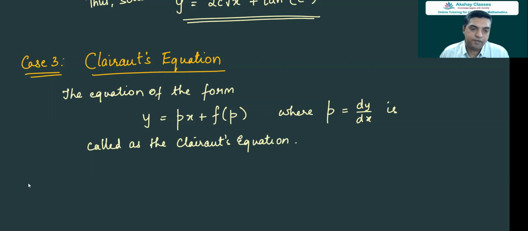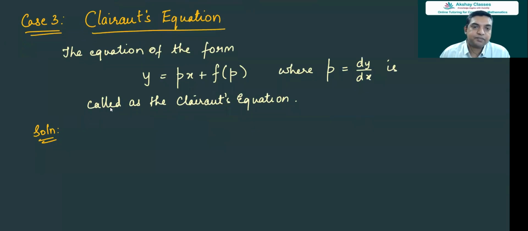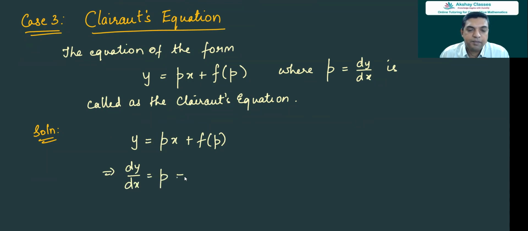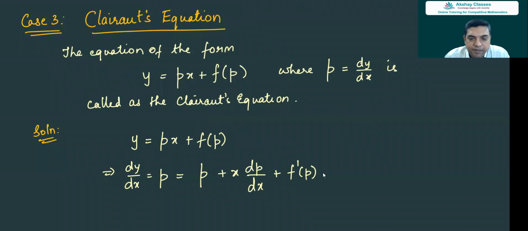Now, how to solve this? Solution of this differential equation is like this. So y is equal to px plus f of p, some function of p. So dy by dx, which is equal to p, becomes, now when you differentiate this, p times derivative of x plus x times dp by dx plus f dash p into dp by dx.